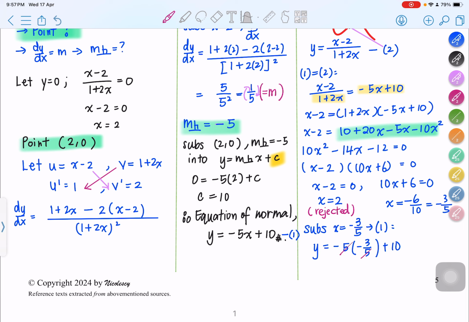Cancel the 5, and the negative becomes positive. So y becomes 3 plus 10, which equals 13. Therefore, the other point where the normal cuts the curve is (negative 3 over 5, 13). Thank you.